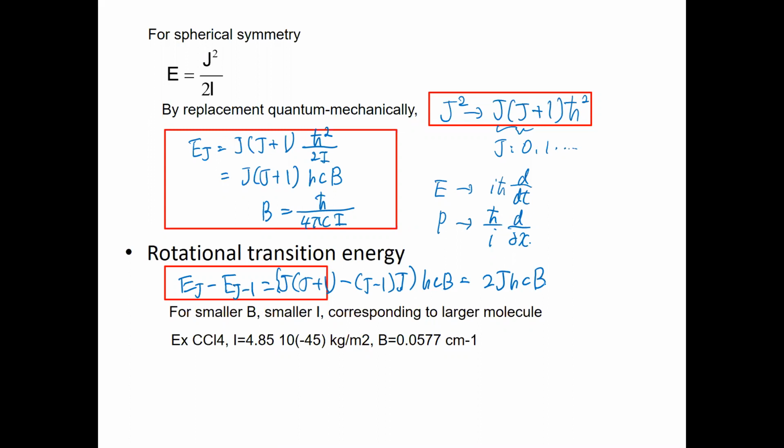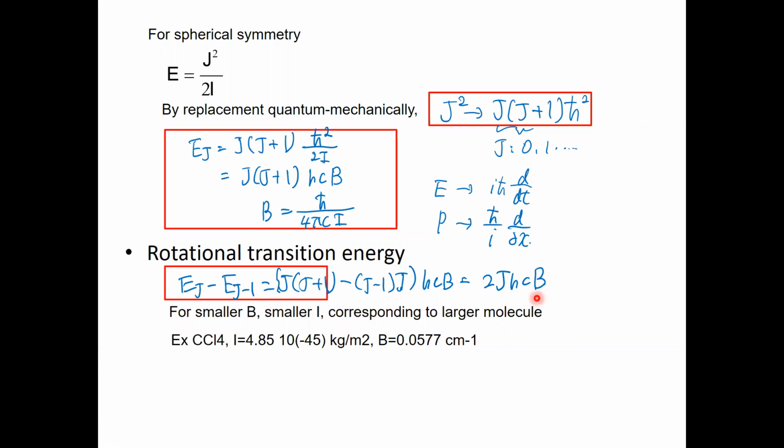Okay, so it means that for small B, meaning that when B is small, I is larger, so the inertial moment is larger, meaning the bigger molecules.